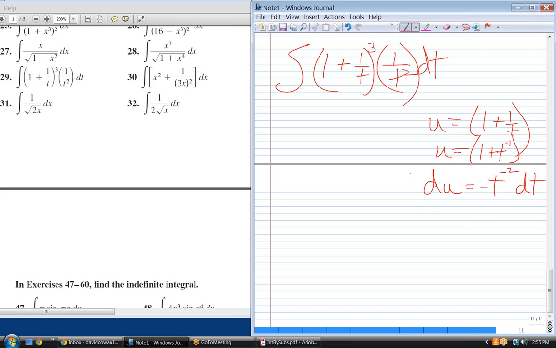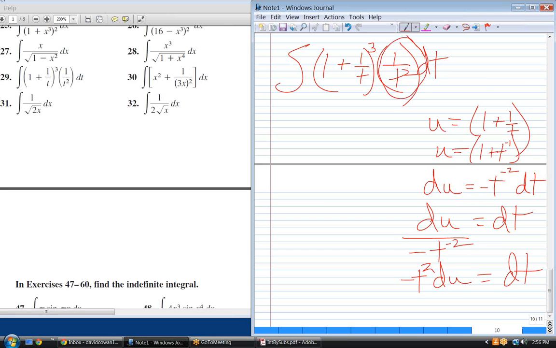Okay? So if du is equal to that, dt is equal to du divided by minus t to the minus 2. Well, that puts the t to the minus 2 in the numerator. Perfect. That's where we need it, to get rid of that t squared that's in the denominator. So I'm going to take out that negative sign.